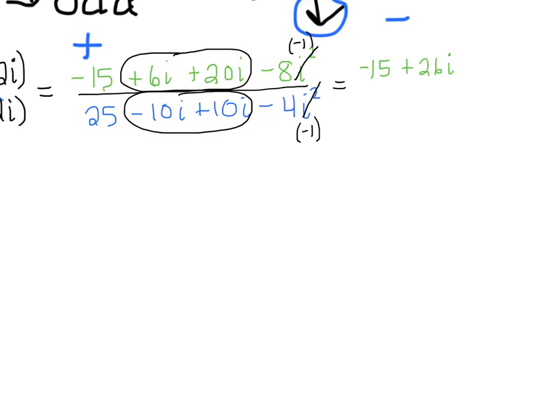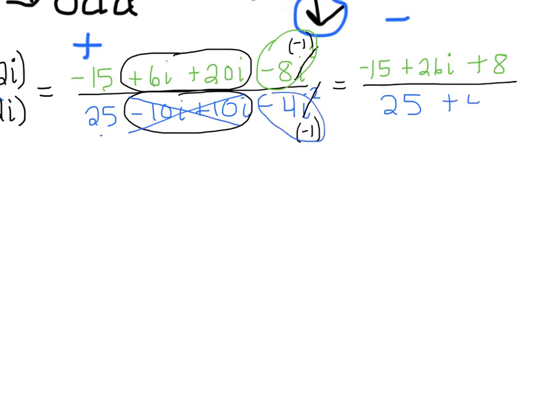And negative 8 times negative 1 is positive 8. On the bottom, I'll do something similar. I have 25. These middle terms cross out. And negative 4 times negative 1 is positive 4.